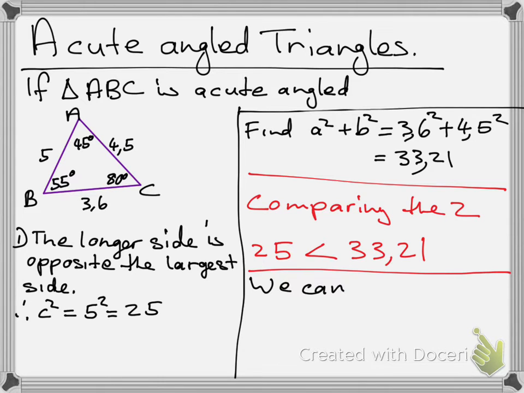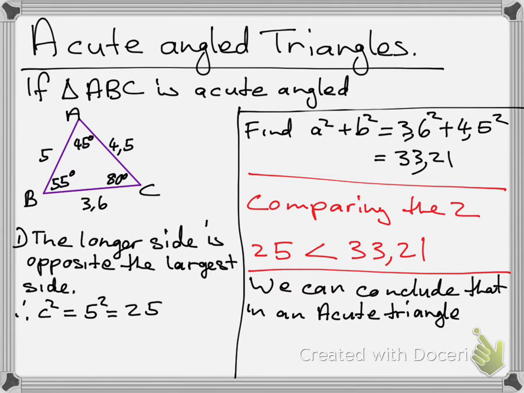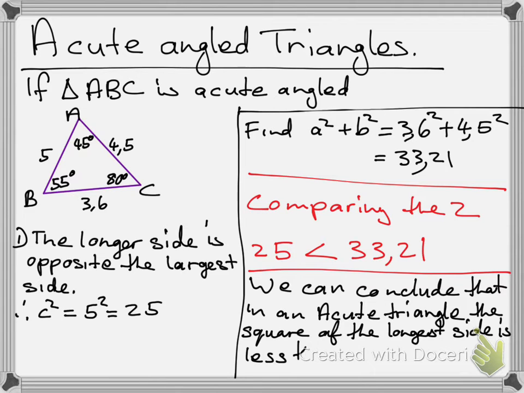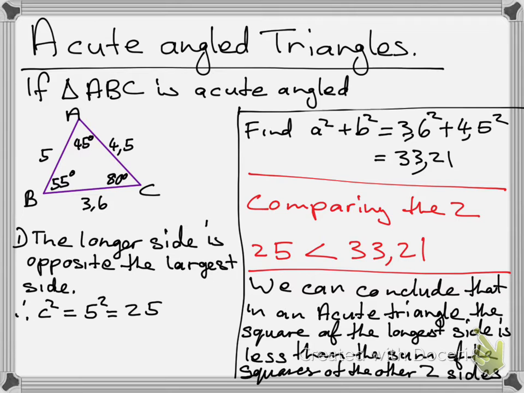Which means here we can conclude that for acute angled triangles, the square of the longer side is less than the sum of the squares of the other sides. I repeat, the square of the longer side is less than the sum of the squares of the other two sides in an acute angled triangle.